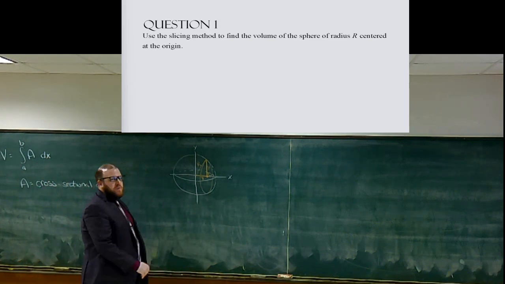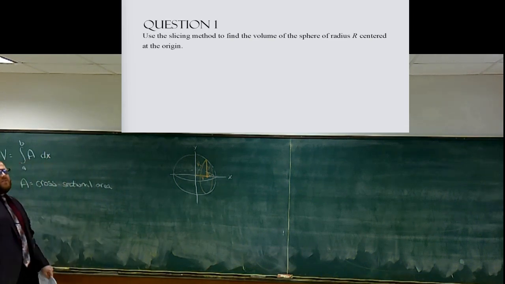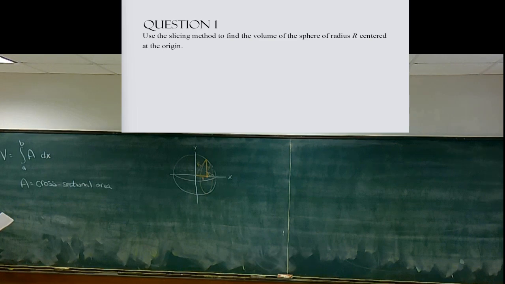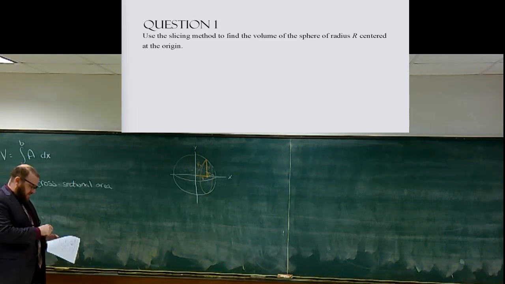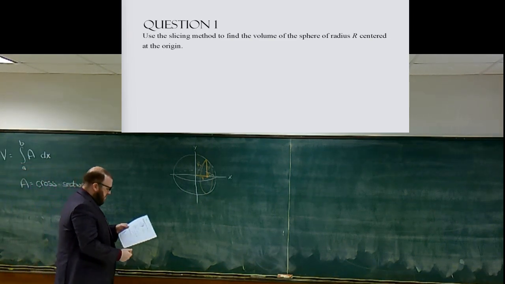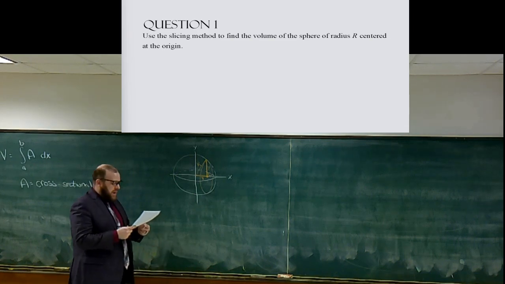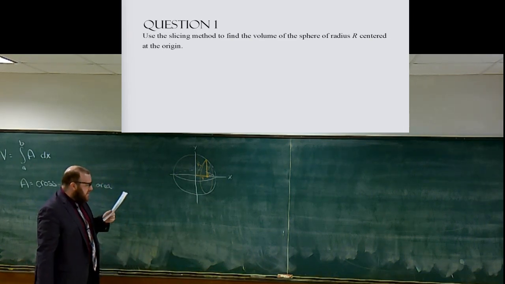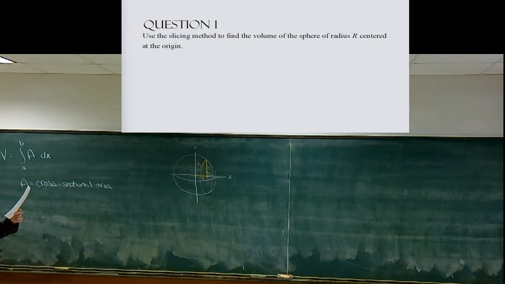We need to find a formula for the area of that cross section. Well, we know what little y has to be. Wait, no, we don't. Not yet.